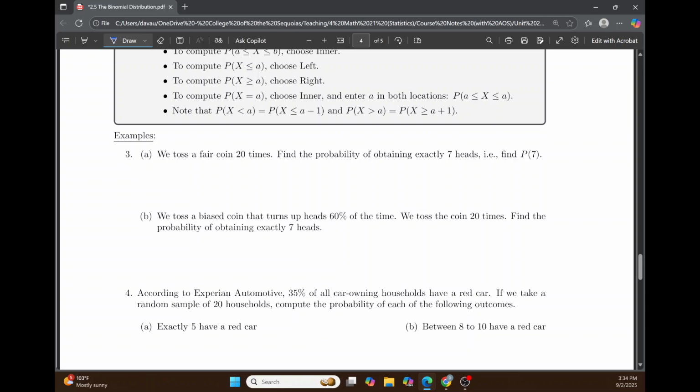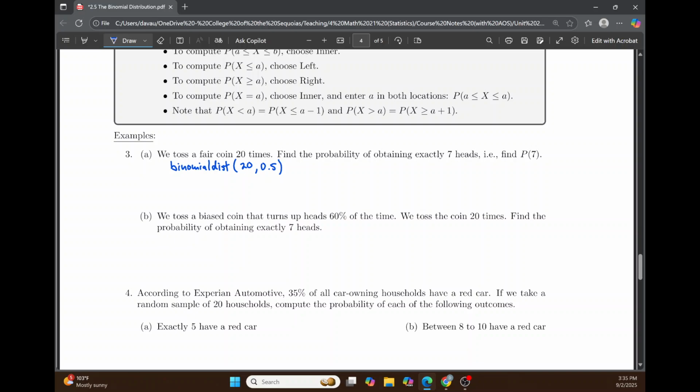Here's the work that I would like for you to show. In Desmos, you're going to type in binomial dist. When you're showing your work on a test or a problem set, make sure to write this out. Then we input the number of trials, which is 20 in this case, and then the probability of success. If we're flipping a fair coin, then the probability of heads is 50%. Now, the probability we're looking for is the probability of obtaining exactly 7 heads.